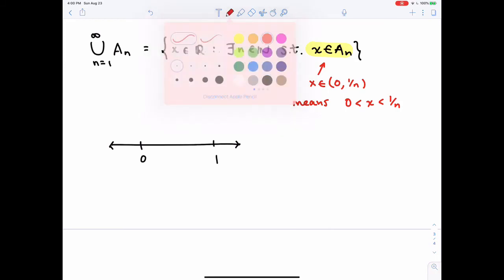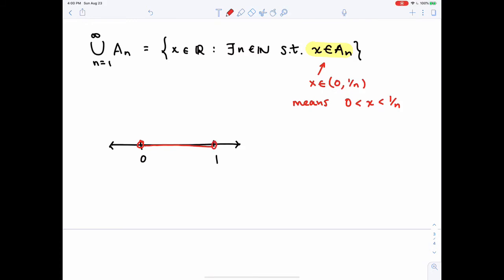Going back to our picture of what these sets look like, my first set excludes 0 and goes up to 1. So this is my set A1. My next set, I'm going to draw above like this, goes up to a half, and that's my A sub 2. And then my next set is going to go up to a third. So notice that as I increase the value of n, I'm not picking up any new values.